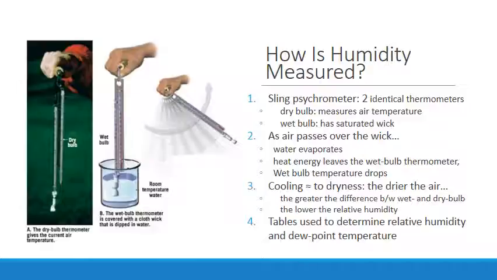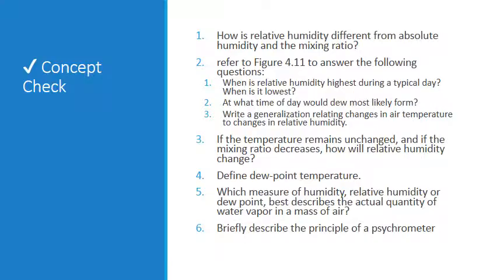So using a psychrometer and some special tables, which we'll use in laboratory, you can determine the relative humidity and the dew point temperature just by looking them up on these tables. There are a number of different hygrometers, which are similar inventions, but this is the most commonly used one. We'll talk about other mechanisms in class.